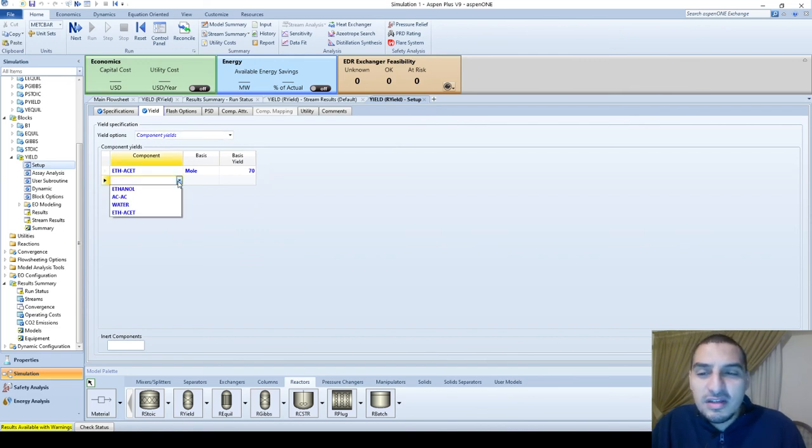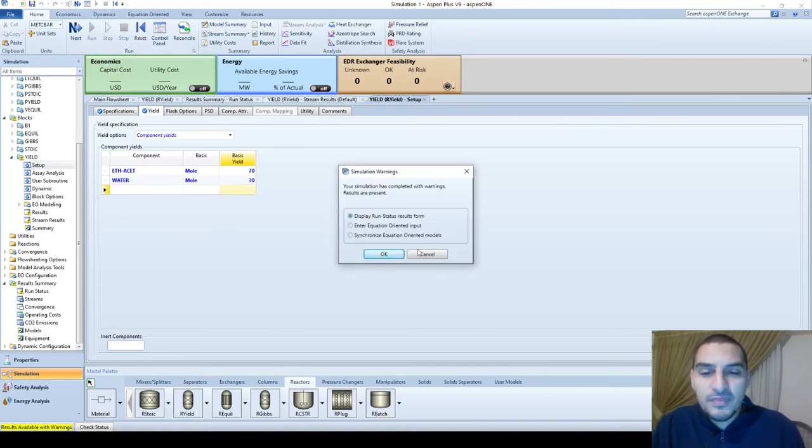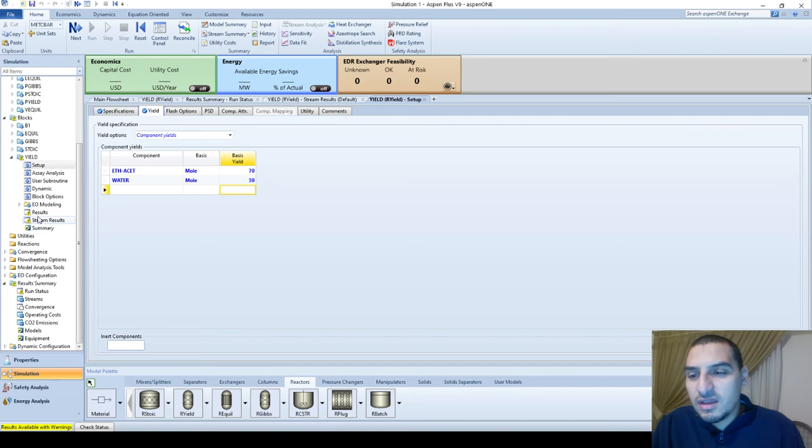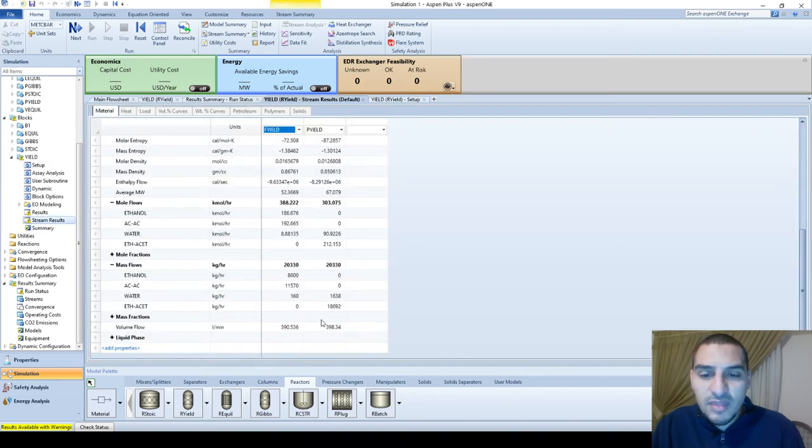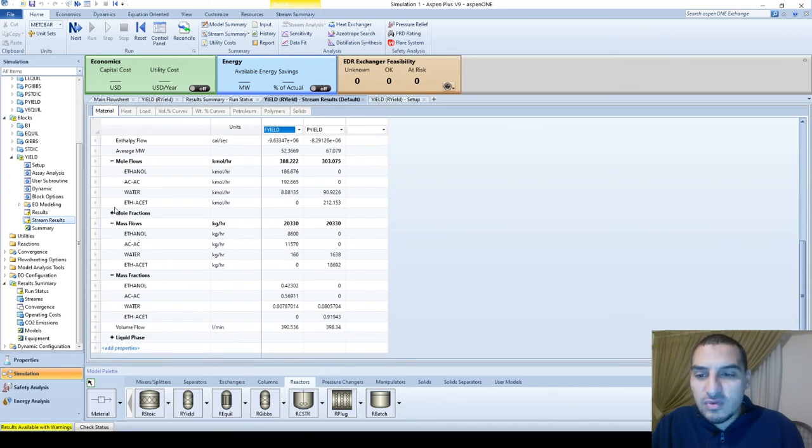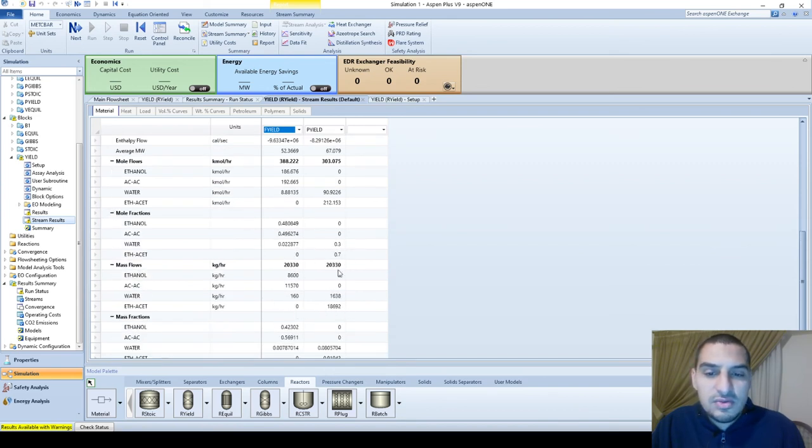The only reason is, if you put water, for instance, and then put 30, it's going to give you the output of water and ethyl acetate with this ratio. So again, it gives you an error, and for the stream results, this is what you're going to get as the mole fractions: 30 and 70, and that's all. So it doesn't do any reactions, and it doesn't give you any output that is meaningful at all.